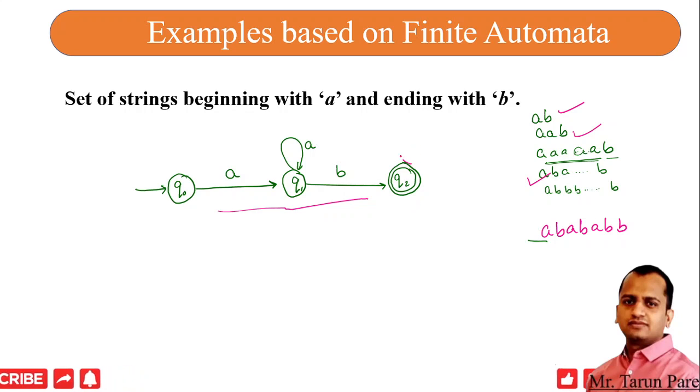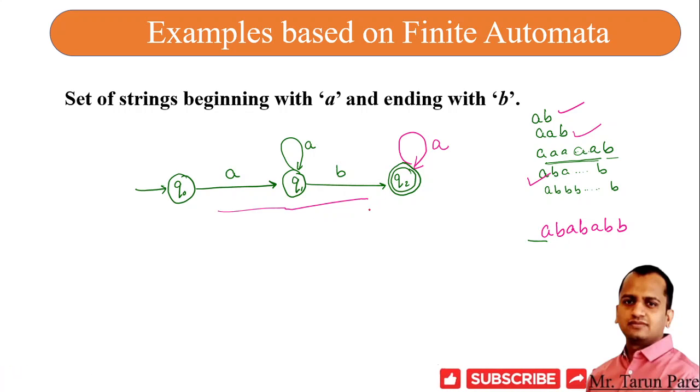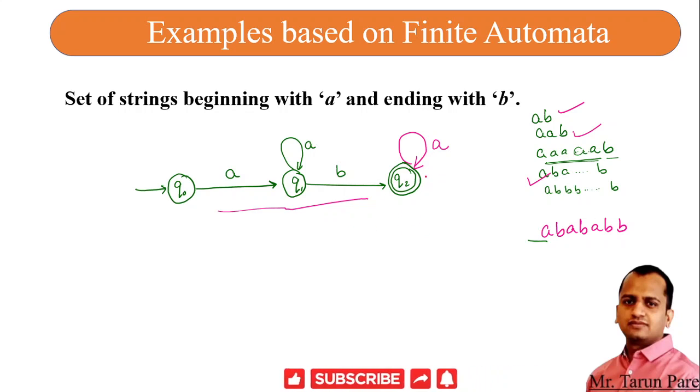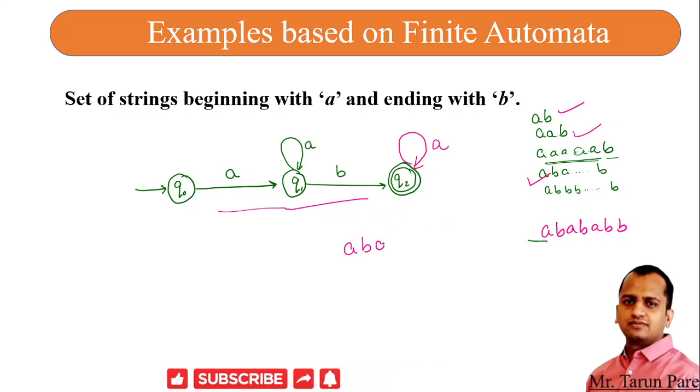If you make a loop on a here, it will not be beneficial. Why? Because a loop on the final state may accept a string like aba.